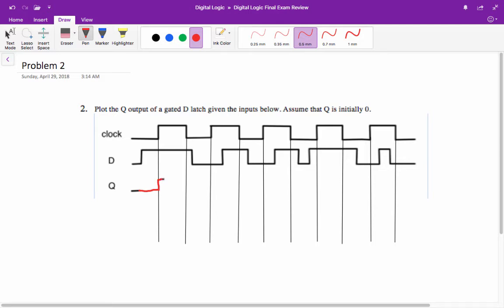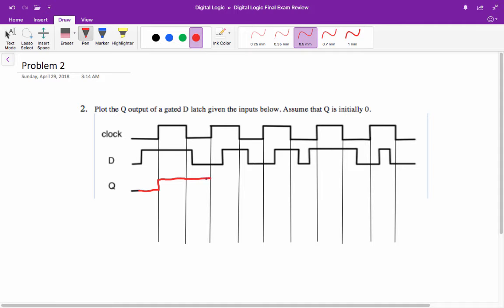And it stays the same as D throughout the clock cycle whenever the clock is 1. D is 1 the entire time the clock is 1, so is Q. Now, when we get to the clock being 0, Q can't change anymore, so it will stay at 1.